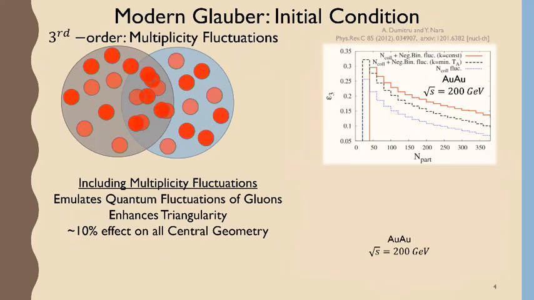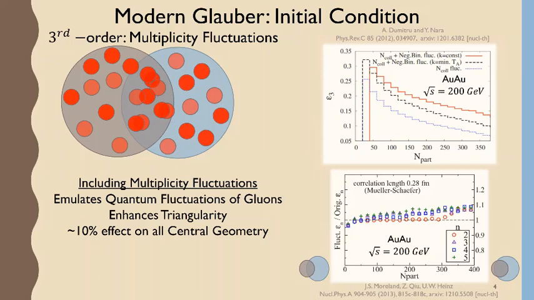In the plot here, the blue curve is just including fluctuations of nucleon positions, and the black and red are different parameterizations of including these multiplicity fluctuations. You see there's a significant enhancement of this triangular geometry.